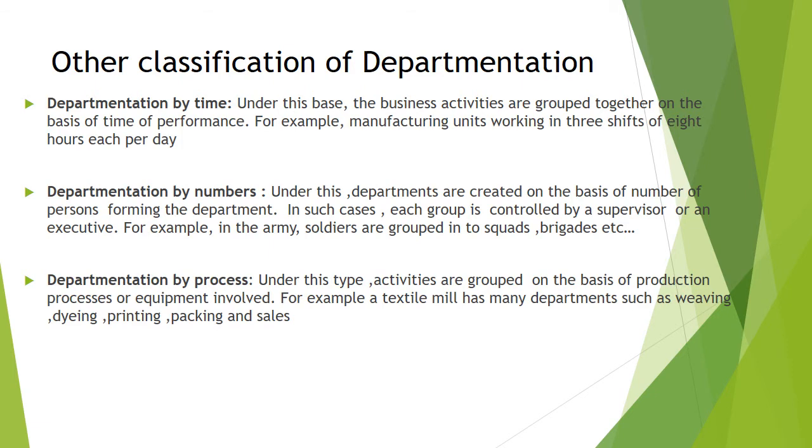Next, we have departmentation by process, where activities are grouped on the basis of production process or equipment involved. For instance, a textile mill has many departments such as weaving, dyeing, printing, packing and sales. So here, departmentation by process means they are grouped on the basis of different equipment involved or production process.